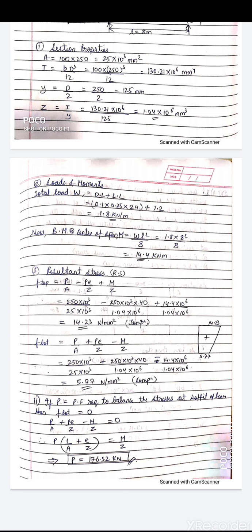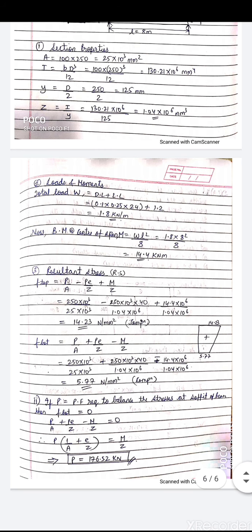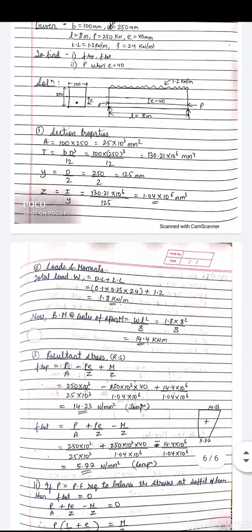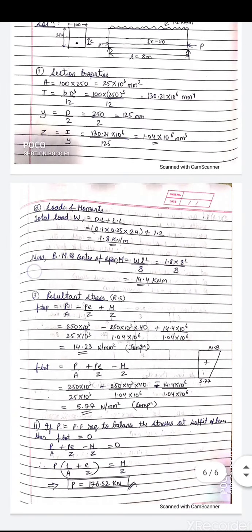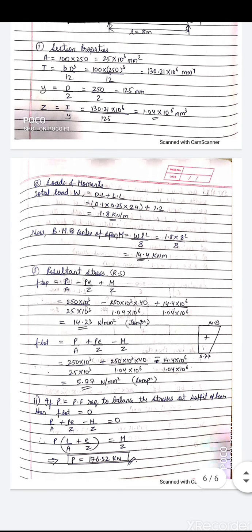E is known to you, Z you have already found out, and total M you have found out. So your F top is 14.23. If the value is positive, that means it is compressive stress. Similarly, F bottom comes out to be 5.77. Again it's positive, which means it is compressive stress. So we have got the first part of the question, the stresses at the top and at the bottom.